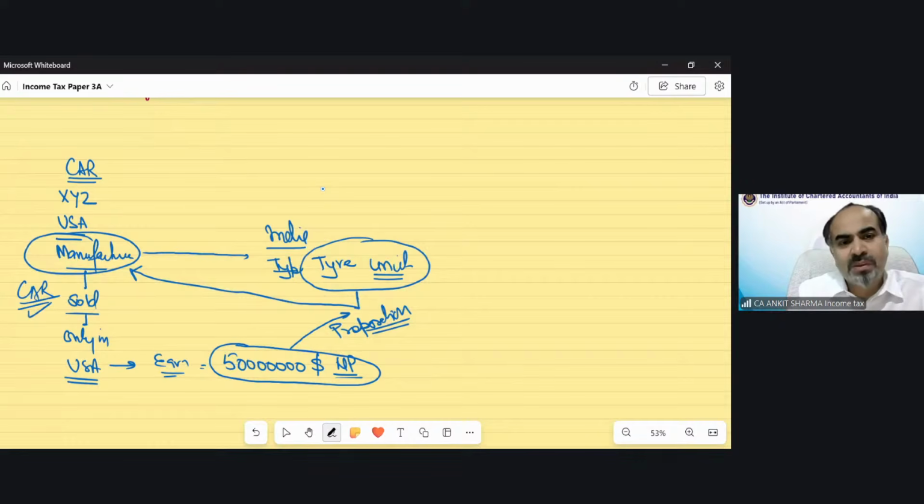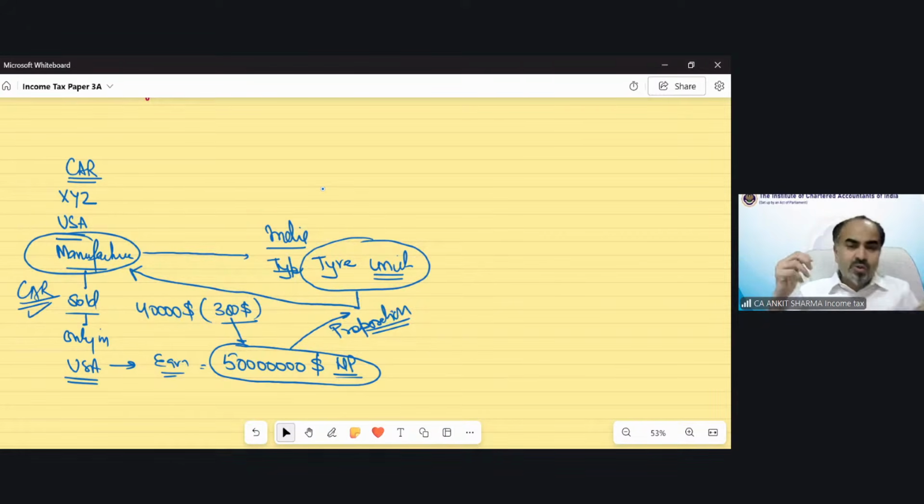So we have to see, suppose a single car costs $40,000, and the tire cost in this is suppose $300. So the proportionate income of 300 from this profit could be treated as income deemed to arise in India.